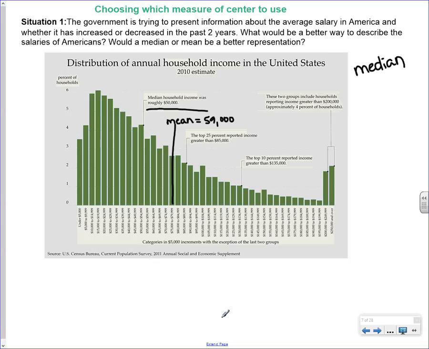So we're looking at this, and this is how income typically looks, okay? So we have a large amount of people that are down here, from making basically nothing up to maybe 100,000, right? That's where the majority of our people are. And then we have very few that make more than that.